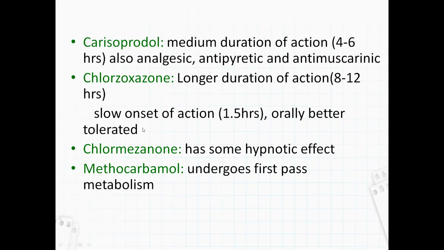This chlorzoxazone is given in tablet form along with the aceclofenac. And chlormezanone has some hypnotic effect. And then methocarbamol undergoes very extensive first pass metabolism, so it is not given orally, instead it is given IV.